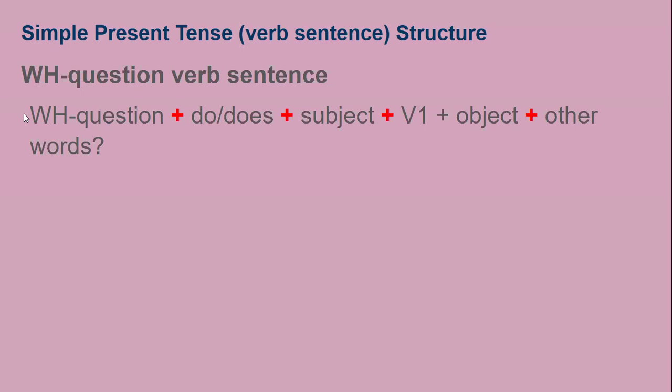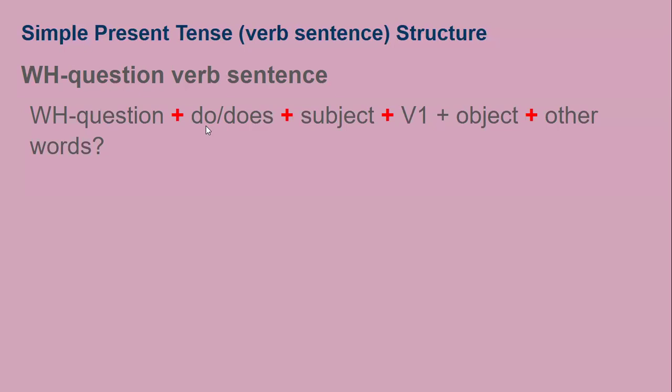When we form a WH question, we need, of course, the WH word, which can be who, where, why, when, how, okay? And then after that, we have to put the auxiliary verb do or does.